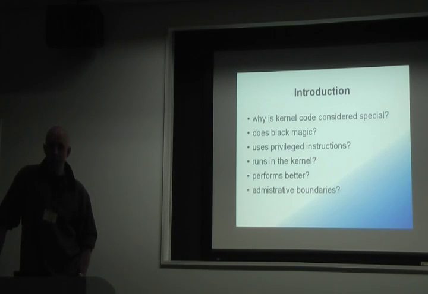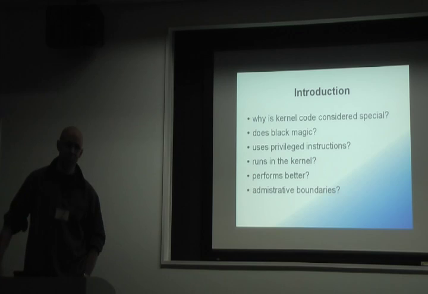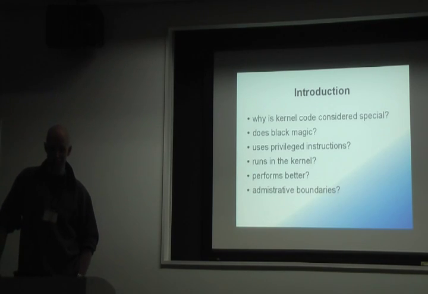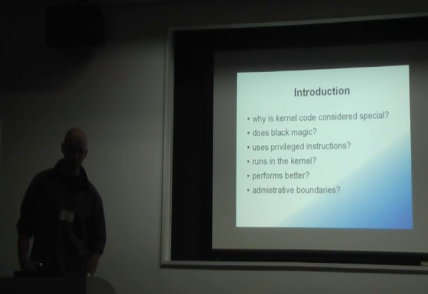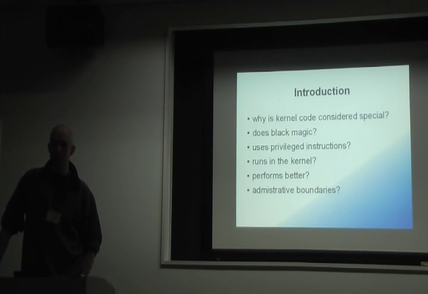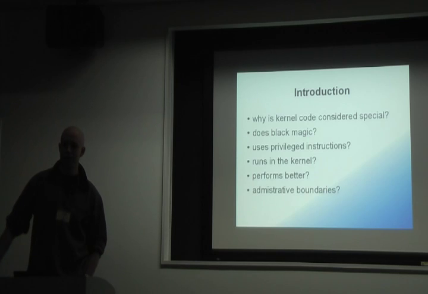So let's start with the old thing, kernel code. Why is kernel code considered special? Because it runs in the kernel. Yeah, exactly. But why is that special? It seems to be this great big mythic thing. For example, a common conception is, if it's in the kernel, it's fast.